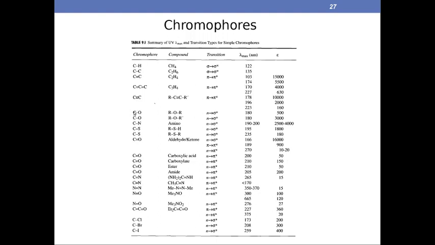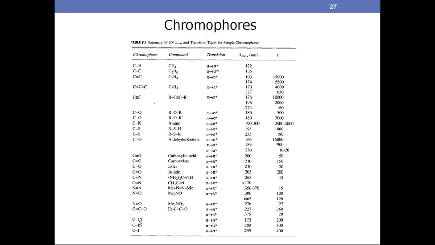And in C-O we could have an n to sigma star transition because we have non-bonding electron density on the oxygen, which could be promoted to the sigma star molecular orbital between the carbon and the oxygen, which occurs at 180 nanometer. Then the carbonyl system in different functional groups, where we can have n to sigma star transitions, pi to pi star transitions, and n to pi star transitions.